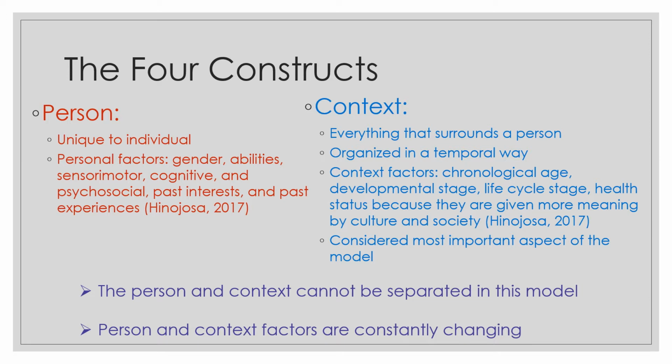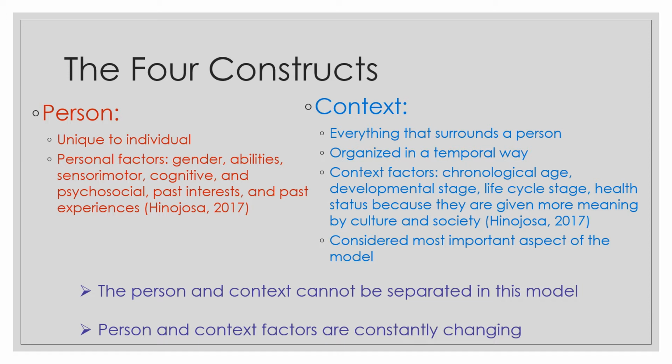The context is a set of personalized, interrelated conditions that surround a person. Everything that surrounds a person is organized in a temporal way. The context includes chronological age, developmental stage, life cycle stage, and health status. These are all given more meaning by the culture and society the person belongs to.